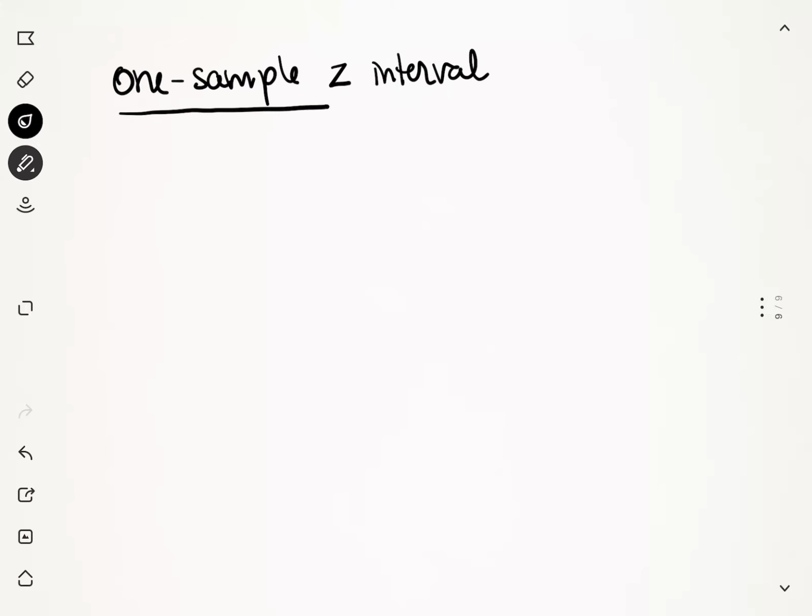If I'm performing a one sample z interval, I need to know the population standard deviation. The big thing here is that in order to use this, the population standard deviation is known. It's given to you in the problem.